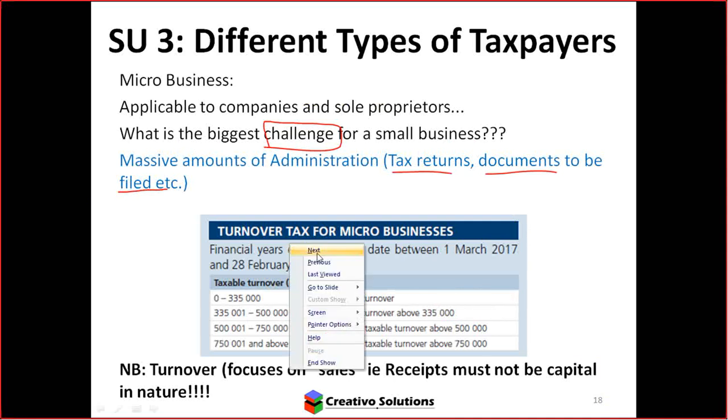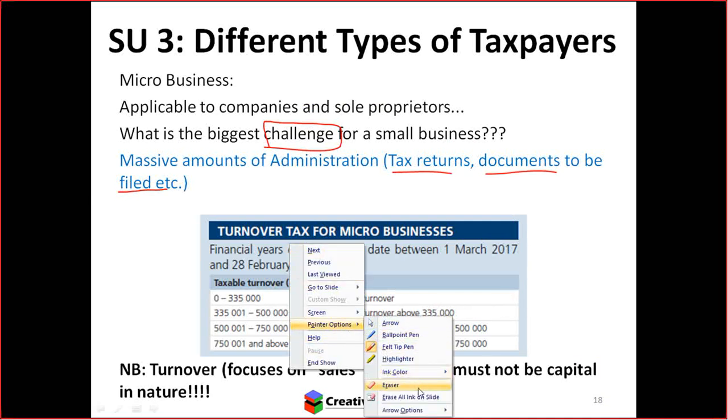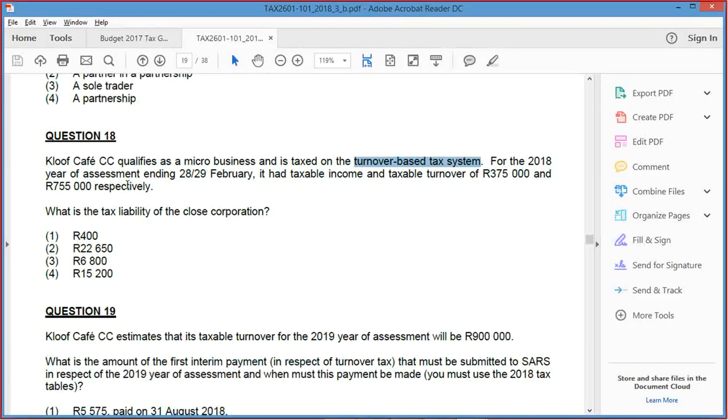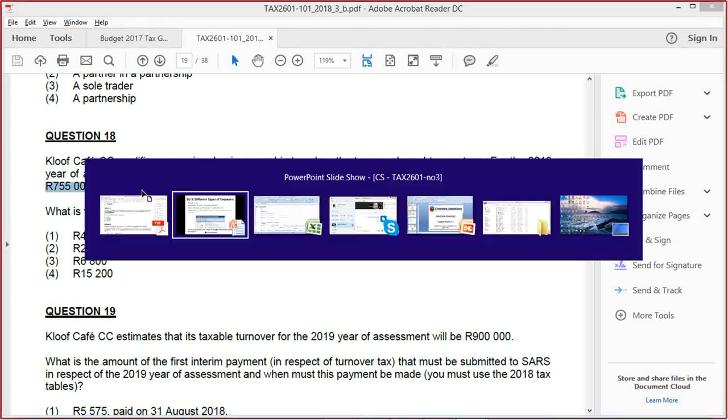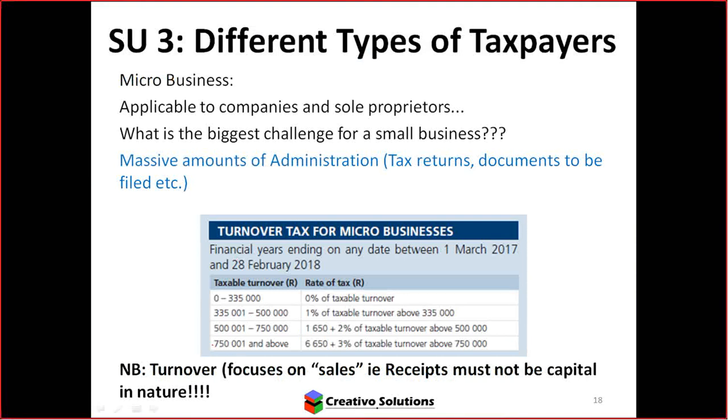Right, what category am I falling under if I've earned, in the question, it had made taxable income and taxable turnover? Which one am I going to use? You're looking at taxable turnover. So which is that? 755,000 rand. Good. And that's going to be taxed according to what?